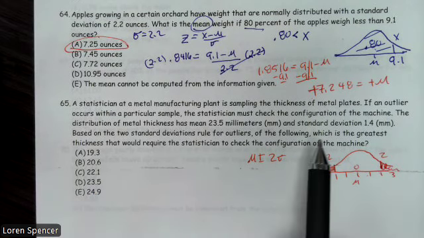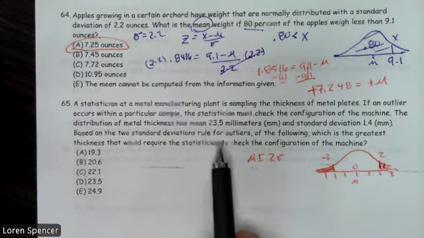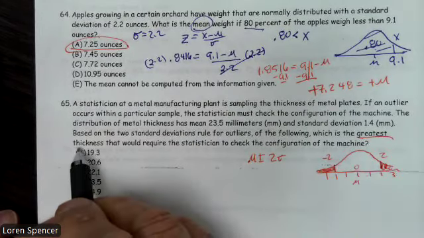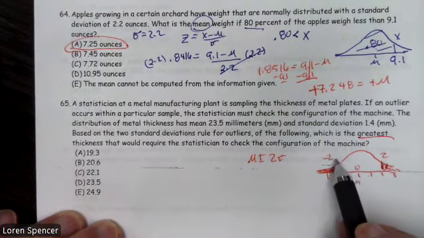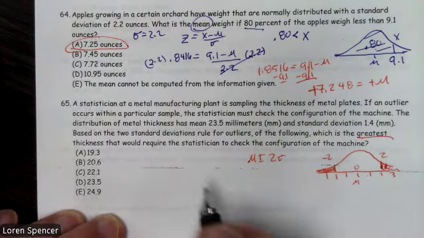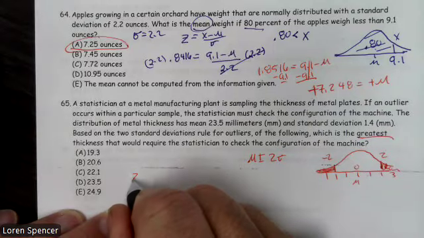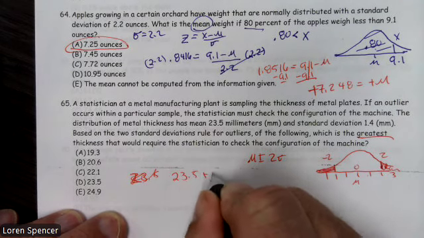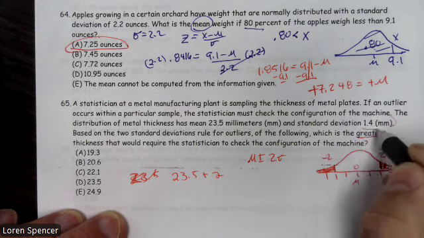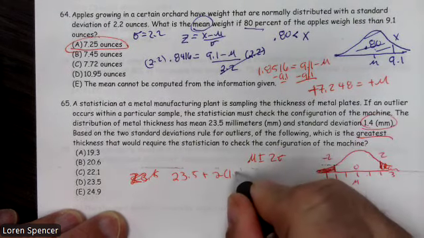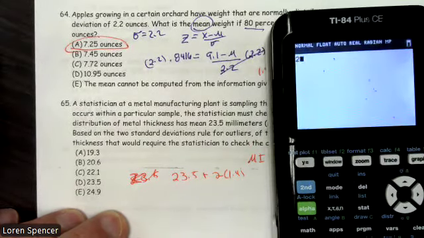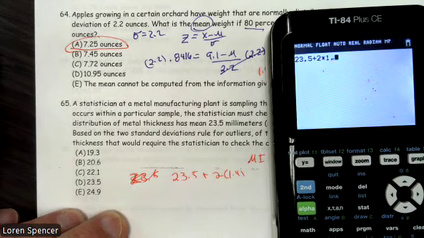So based on the two standard deviations rule, which is the greatest thickness that would require the statistician to check the configuration of the machine? Oh, that's going to be tricky here. So let's go 23.5 plus 2 times our standard deviation of 1.4.